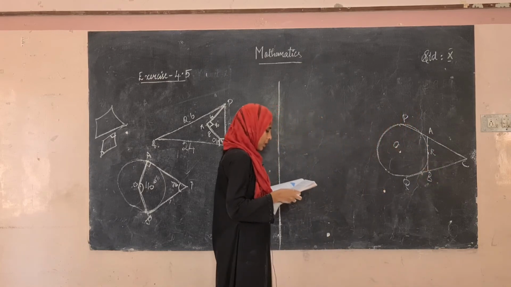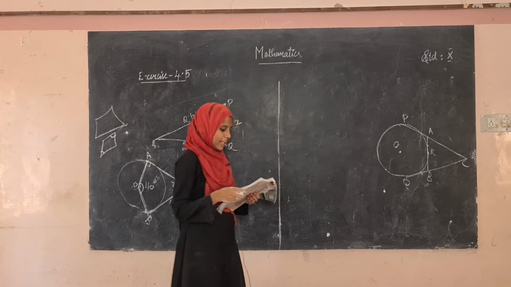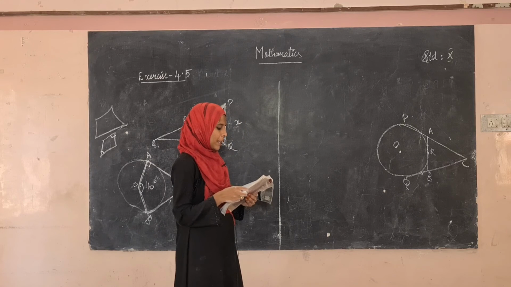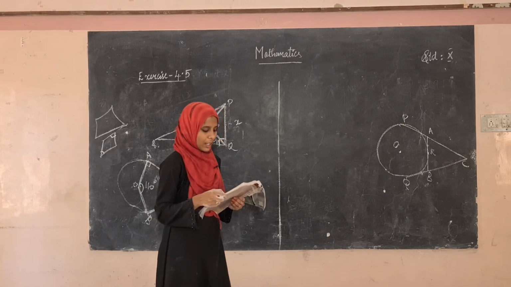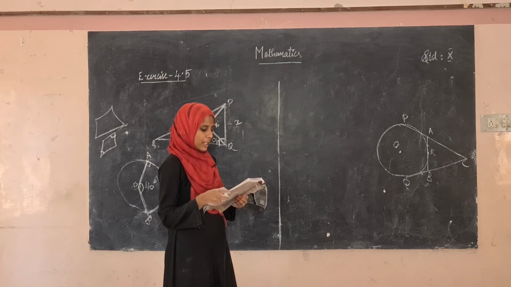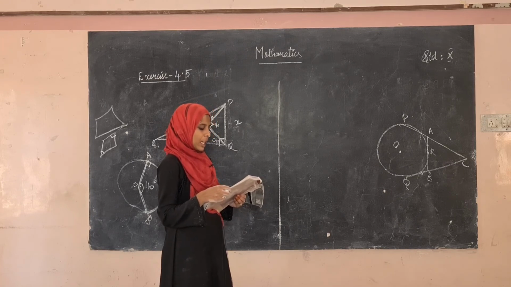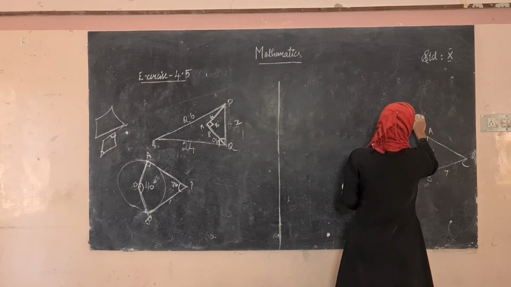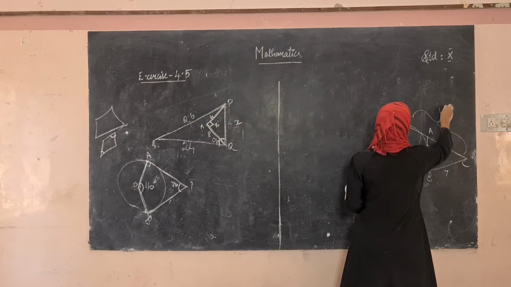In the figure, CP and CQ are tangents to the circle with center O. ARB is another tangent touching the circle at R. If CP is equal to 11 cm and BC is equal to 7 cm, the length of BR is? So they have given this is 7 and this whole length is 11.